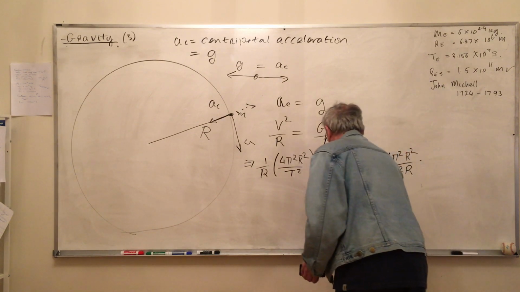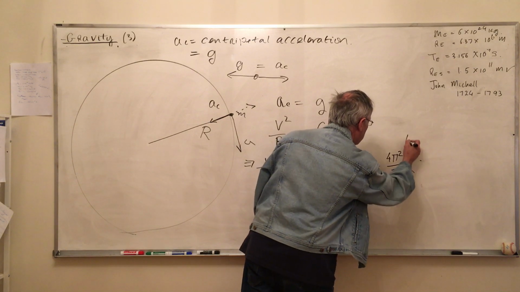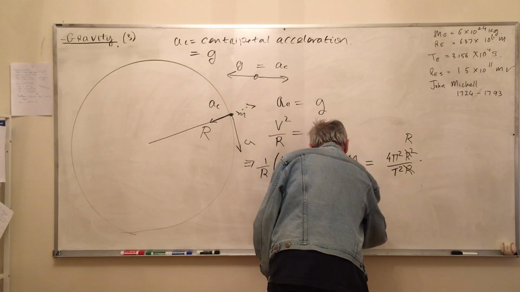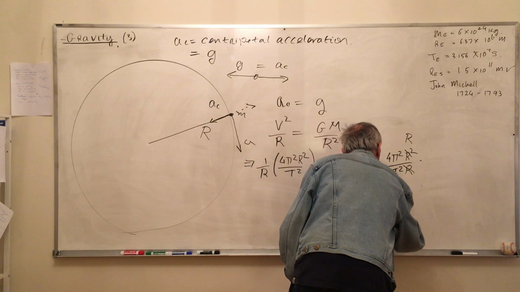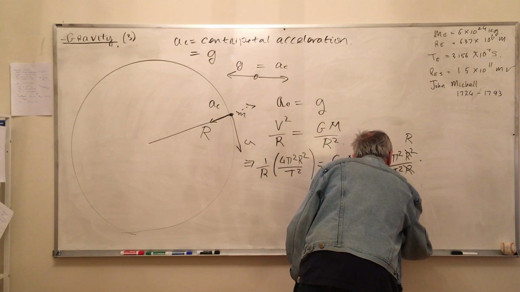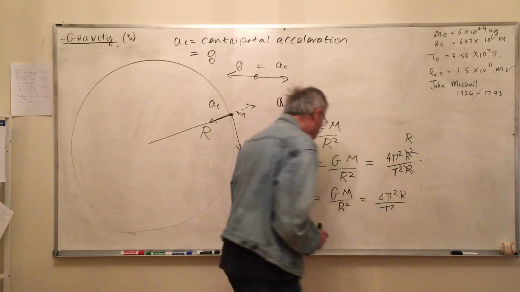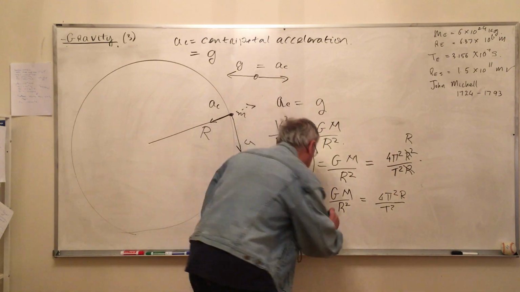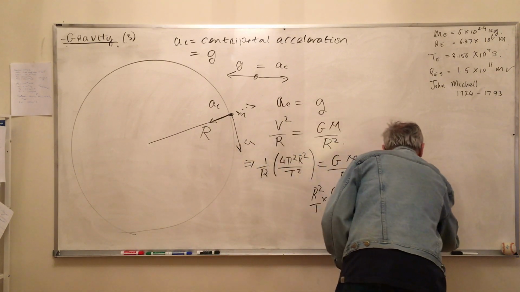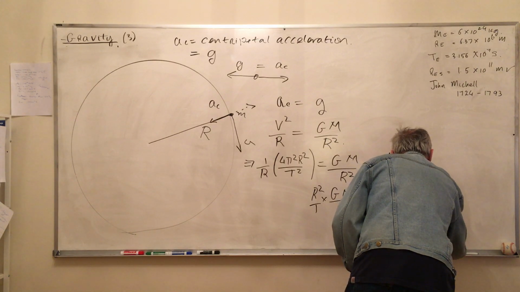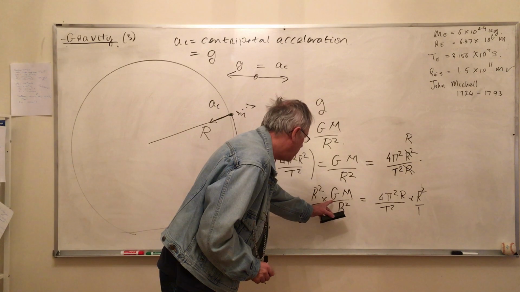Now we can cancel 1 power of r, now we'll multiply both sides by r squared. And what else will we do? Let's see.